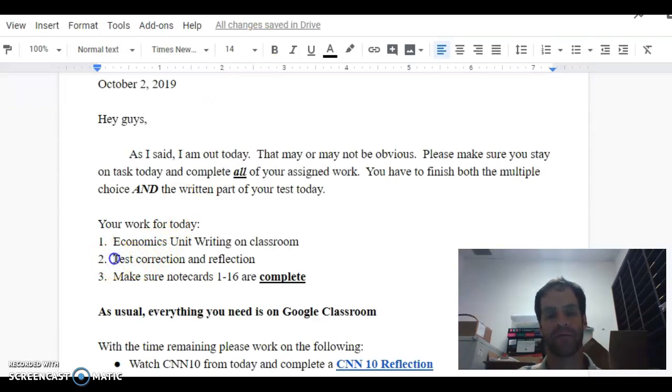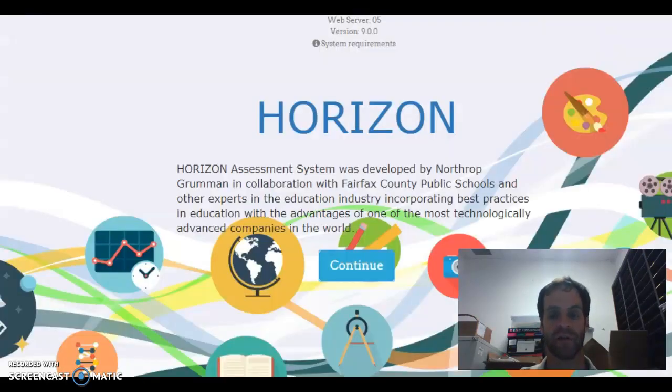most of you have room for improvement on your multiple choice. So I want you to do a test correction and reflection. The benefit here is that you get a half point added onto your score for each one of these questions. So if you got, let's say you got a 10 out of 15 on the multiple choice, you can get a 13 out of 15.